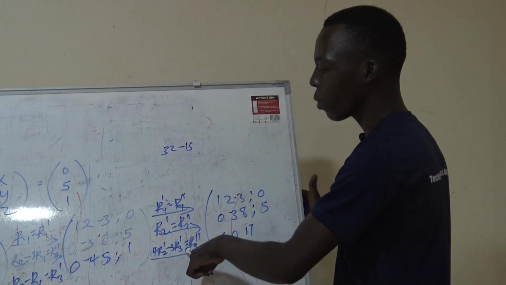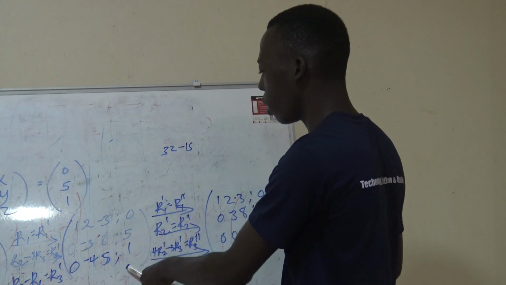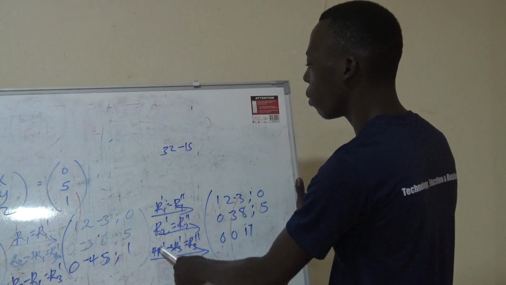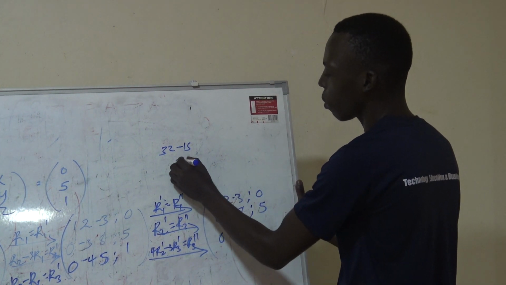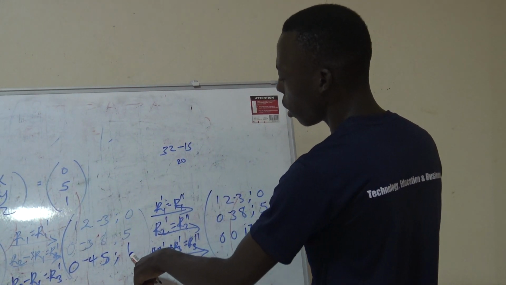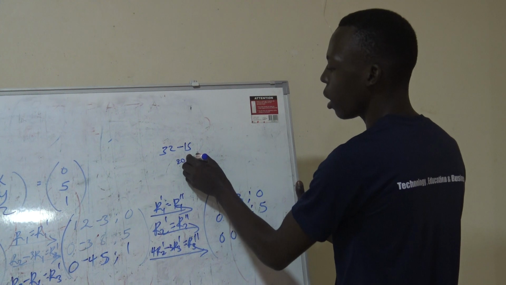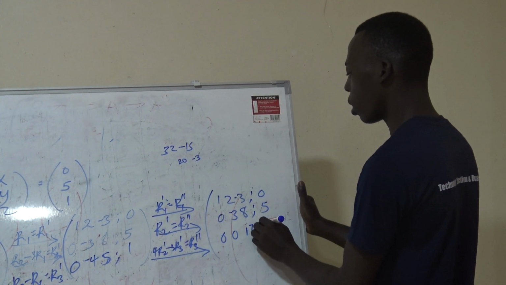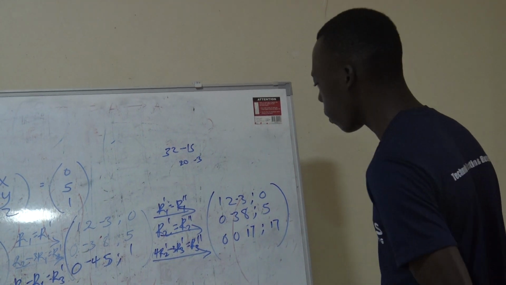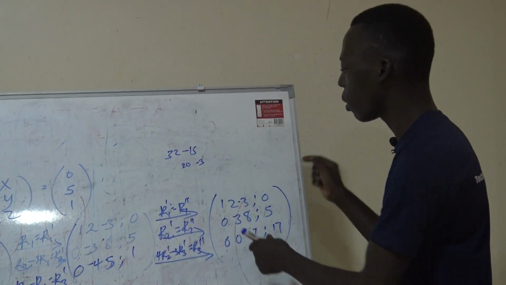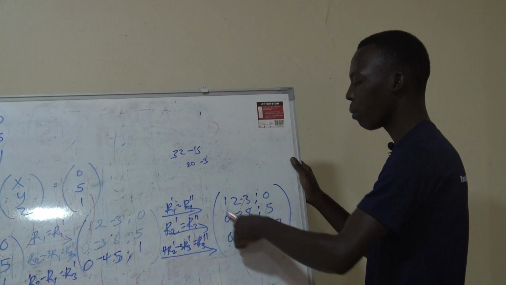So now on this one, you say 4 times 5, that is 20. Then 3 times this, that is minus 3. So it becomes also 17. So for that case, we said this one must also be in terms of 1.